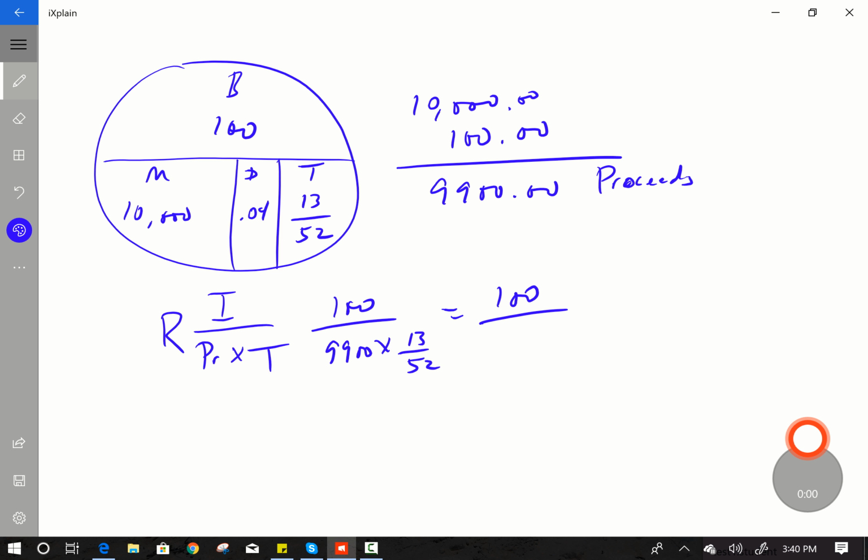Whoops, put in the wrong number there. 9,900 times 13 divided by 52 equals 3.25. Now clear the calculator, and 100 divided by 3.25, that equals, oh, that's the wrong number. Okay, my calculator must not be working here. Let me try this again. 9,900 times 13 divided by 52 equals, okay, this is where I fell apart right here.